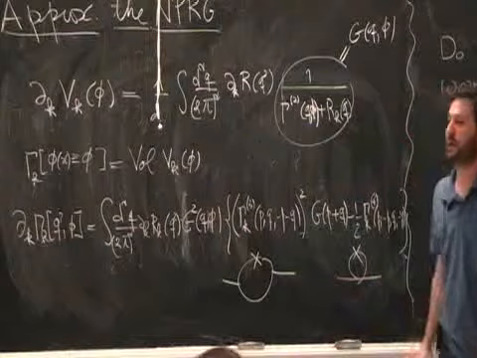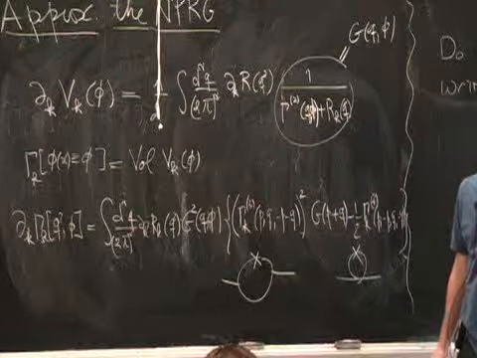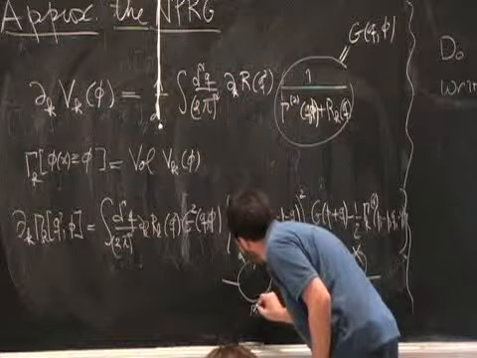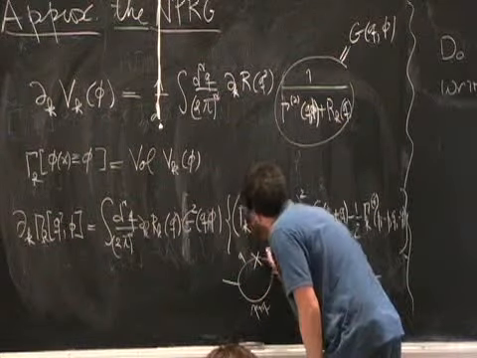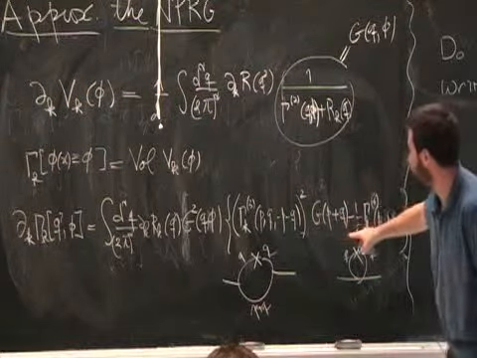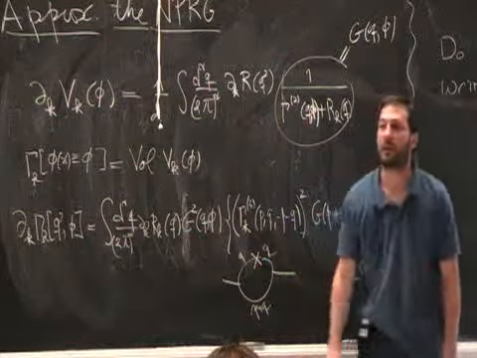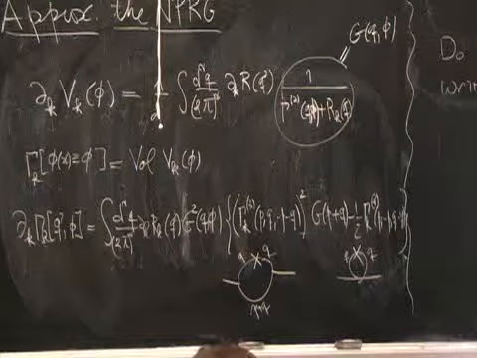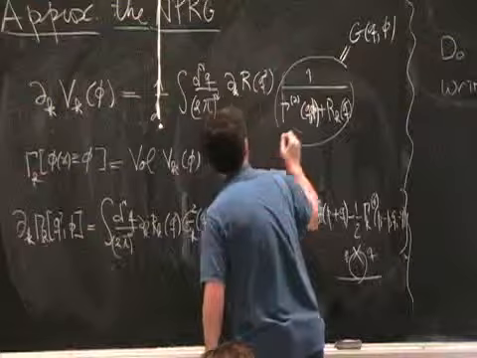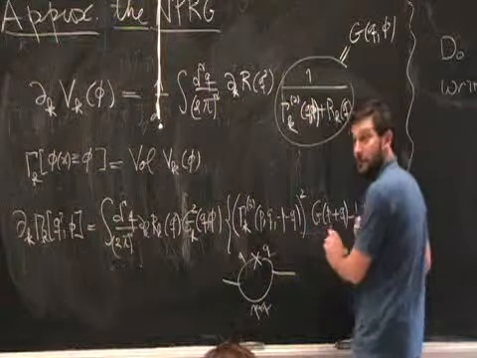But if you don't know anything about diagrammatics, it doesn't help you. But here you have Q, here you have P plus Q, Q, Q, Q. Okay, and the cross is the insertion. And it's the full propagators, it's not the bare ones. Full propagators, here also, and full vertices.